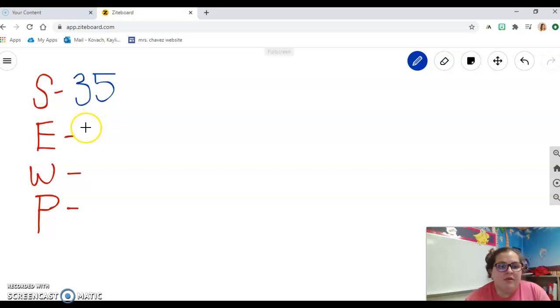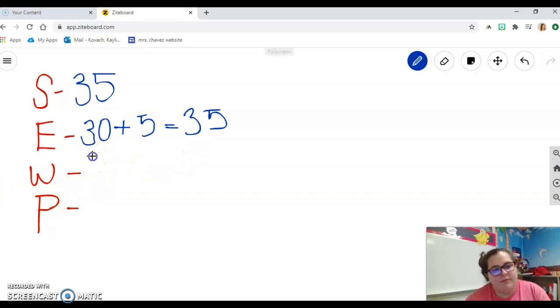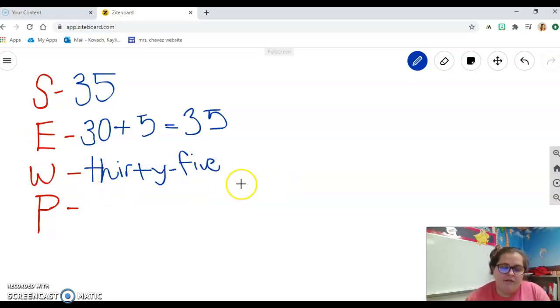Expanded form is going to look like 30 plus 5 ones equals 35. Okay? Word form. Thirty-five.